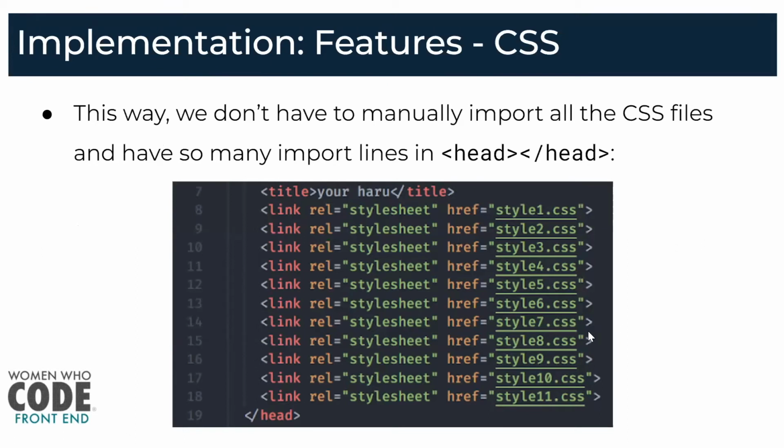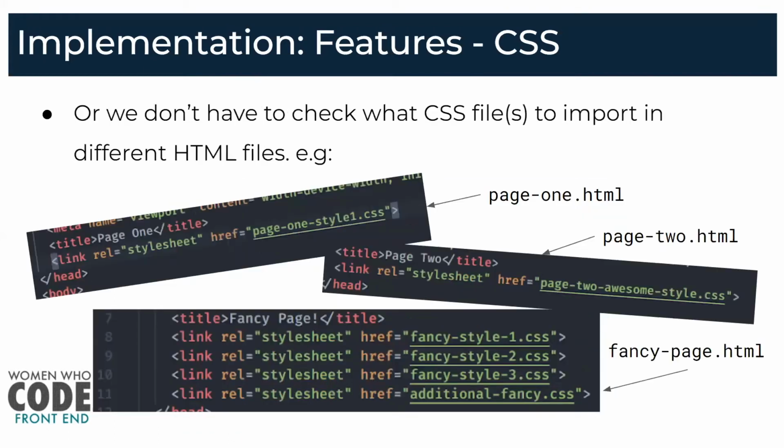See how messy it looks. So if I don't import every CSS file into the main file, I would have had to import every CSS file into HTML. This way, we don't have to check what CSS file or files to import in different HTML files.